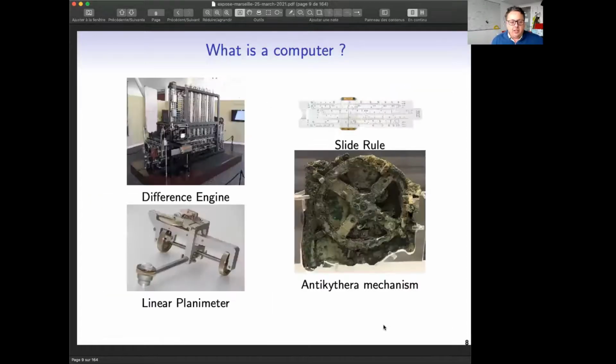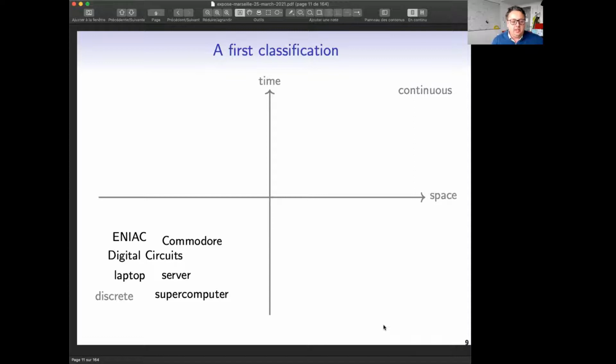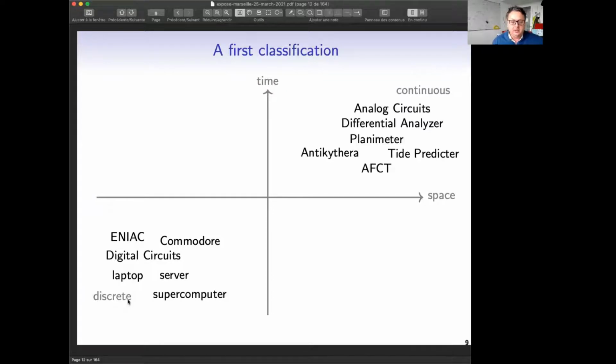So if I try to do a projection on this, I would put for sure all these modern tools like ENIAC, Commodore, digital circuit, laptop, server, supercomputer here, because time and space are discrete. They have a clock and they work over 0 and 1.